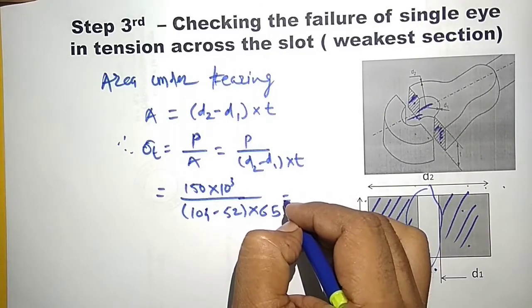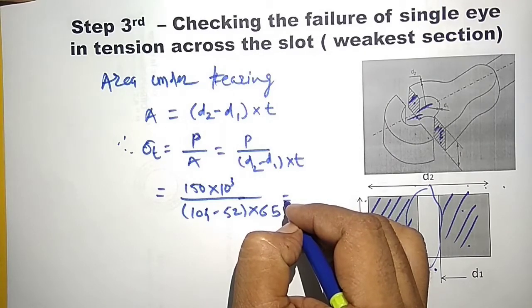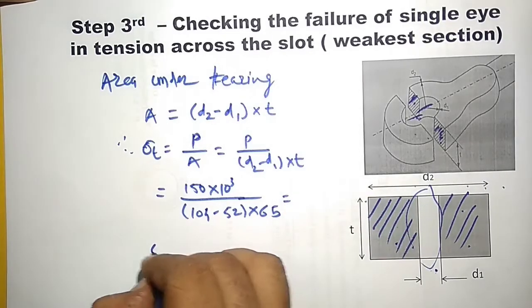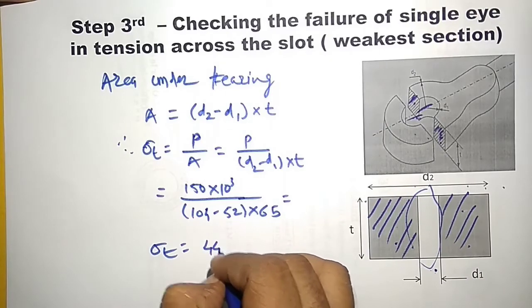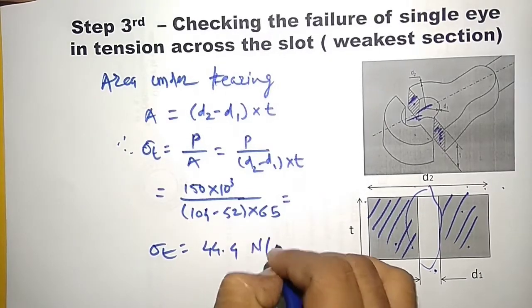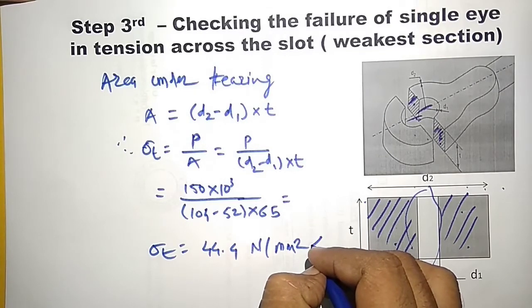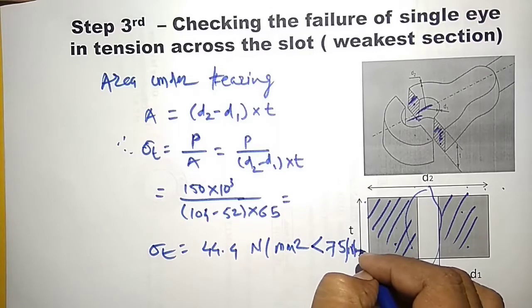So what will the sigma t become? The sigma t will become 44.4 Newton per mm square, which is less than 75 Newton per mm square.